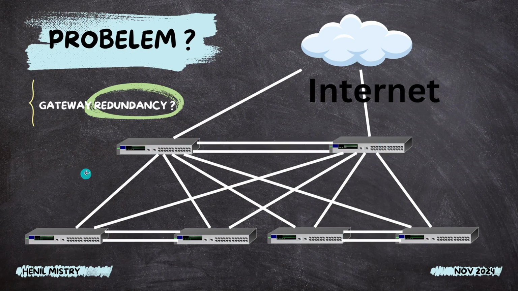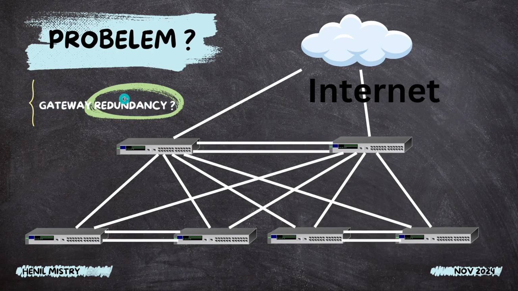Network A should have at least one gateway IP, and network B should have at least one gateway IP in order to communicate with each other. That is the basic requirement and basic understanding of gateway.